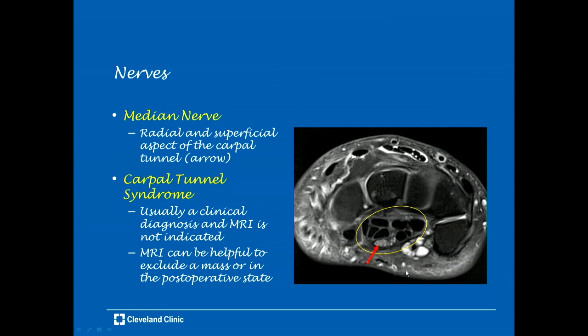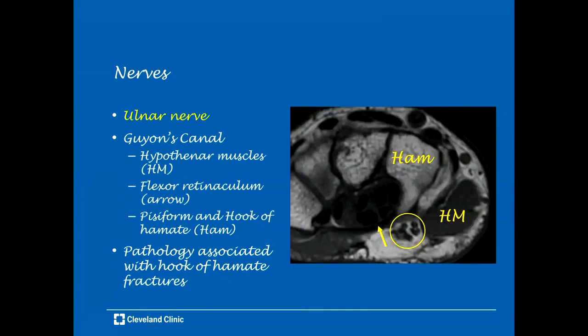But MRI can be helpful if there's concern for a mass causing extrinsic or intrinsic compression of the nerve, as well as in patients who've had carpal tunnel surgery and are continuing to have persistent symptoms to look for scar tissue and other abnormalities.